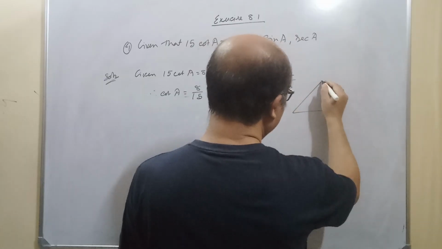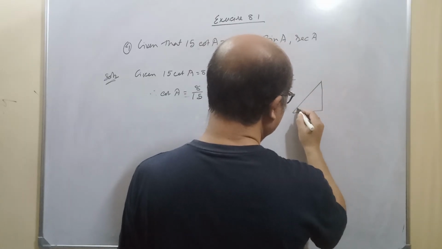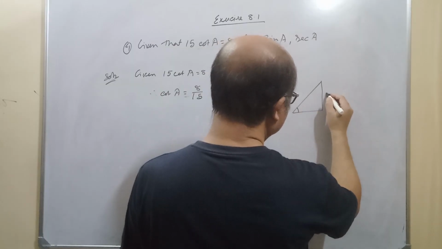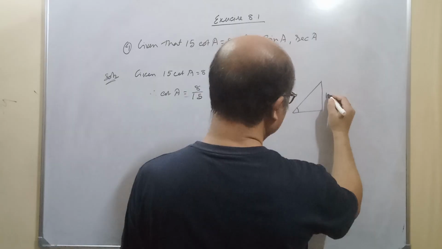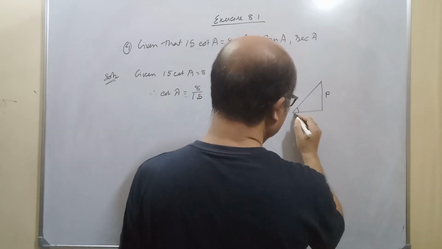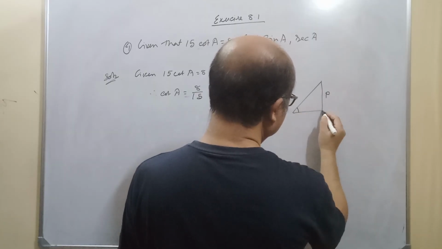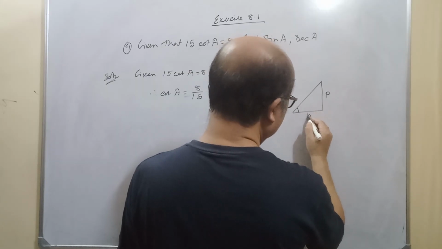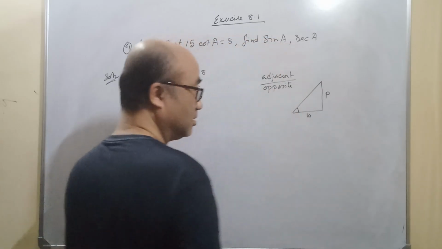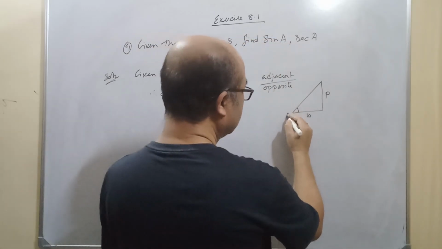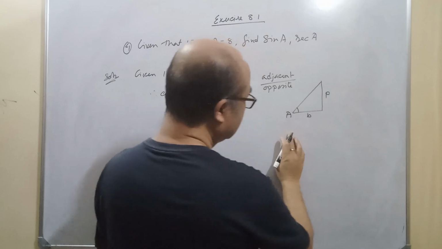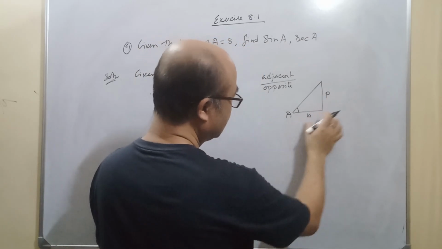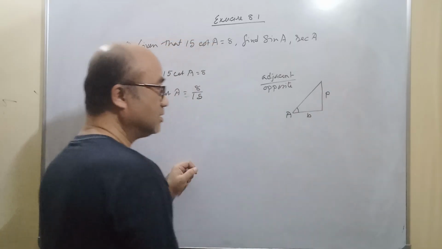In a right angle triangle, if this is an acute angle, then the side opposite to this can be taken as the opposite side or the perpendicular side, and the side adjacent to this can be taken as the adjacent side or base, right? So if this is A, then cotangent of A is B by P or adjacent by opposite, right?